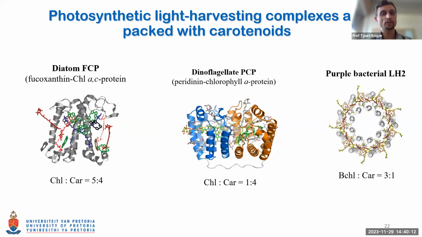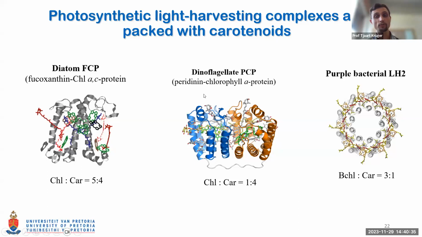Okay, here are a few other examples. So in diatoms, one of the main forms of phytoplankton, the main light harvesting complex is called FCP, which stands for fucoxanthin chlorophyll A/C protein. The carotenoid in this case is fucoxanthin, and its ratio with chlorophyll is much higher than in the case of plants. So here we have a chlorophyll-carotenoid ratio of 5:4.